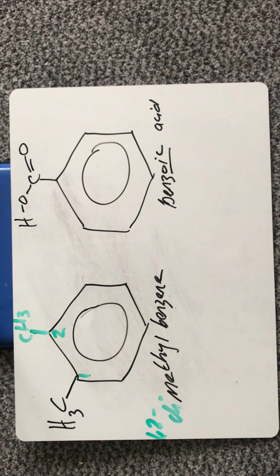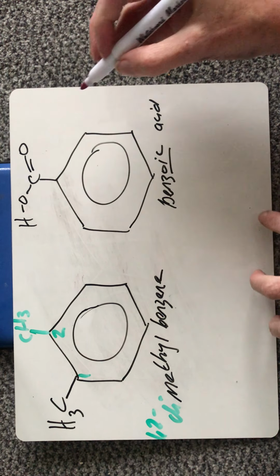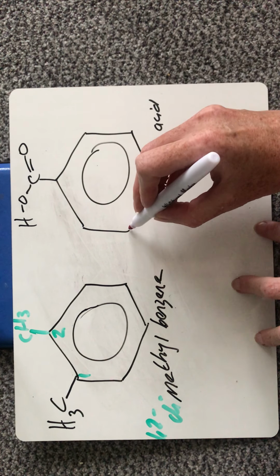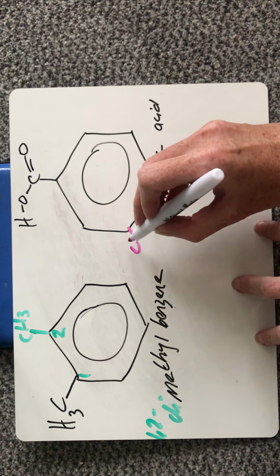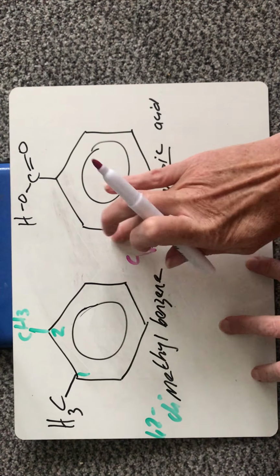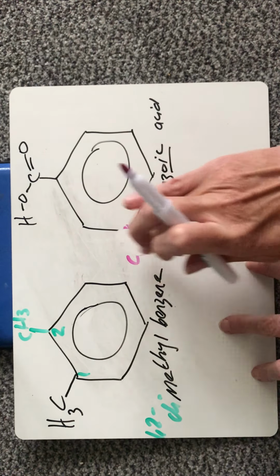Let's get a different colour. And if I put here a chlorine on this side, then we start numbering it.